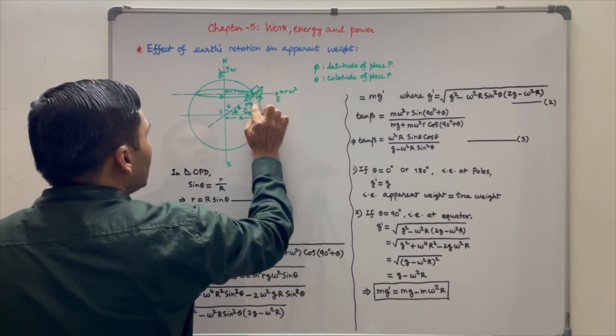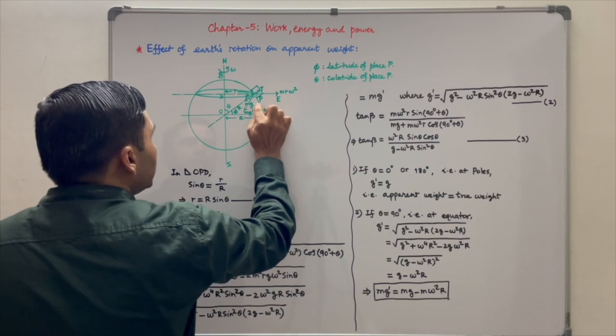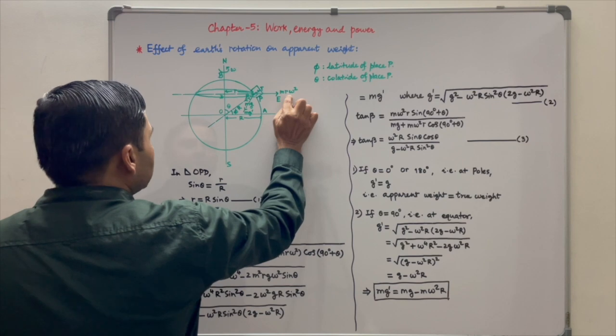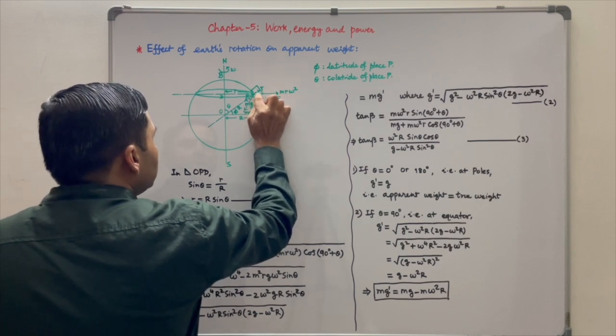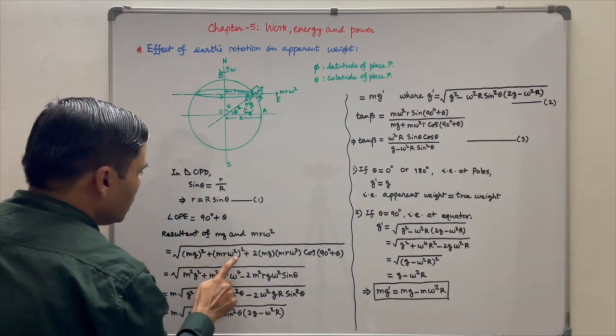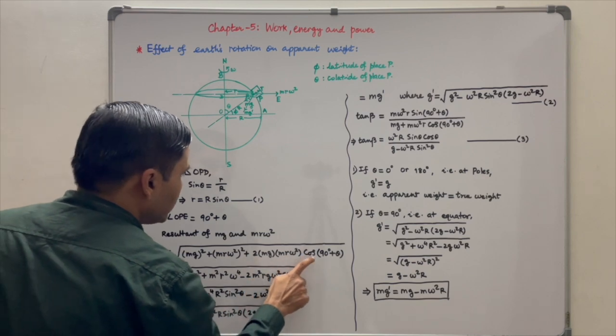So let us find out the resultant of mg and mr omega square. These are two vectors. Angle between them is 90 degrees plus theta, and the resultant is given by under root a square plus b square plus 2ab cos theta.